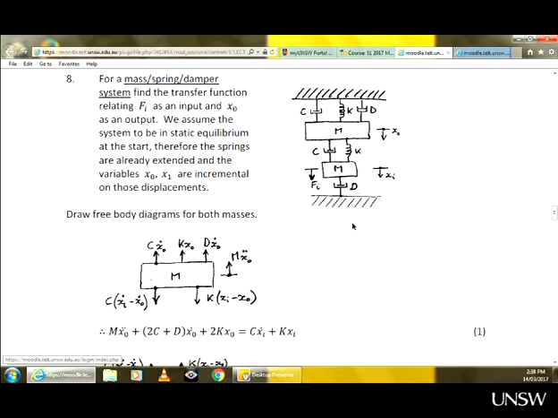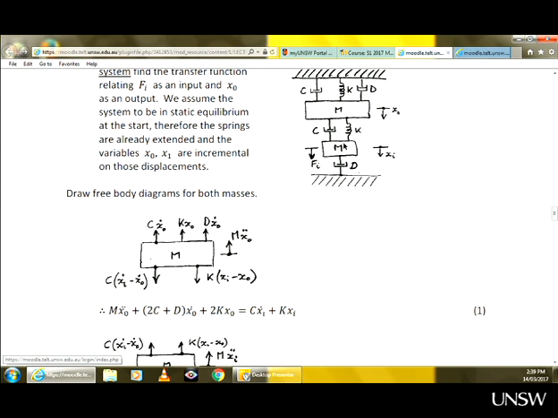Okay. Now, question 8, back to mechanical problems. A spring mass damper system, a little bit more complicated. So we have two masses, or two blocks of the same mass. The one on the top is suspended from a ceiling of some sort, from a roof, by one spring and two viscous dampers.